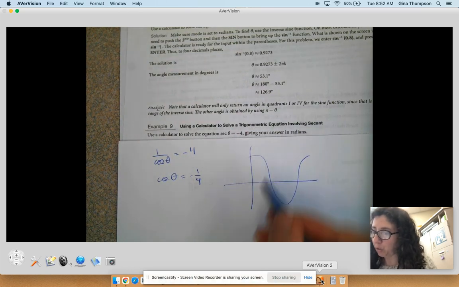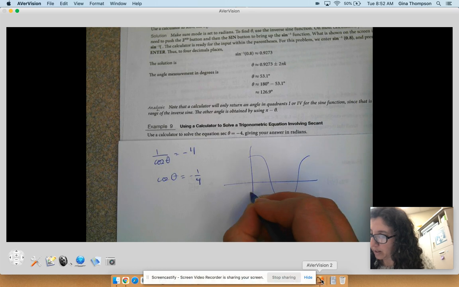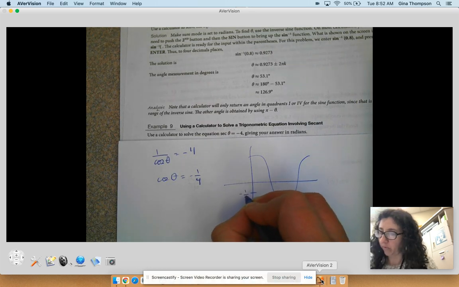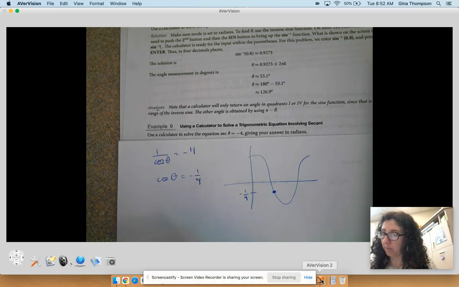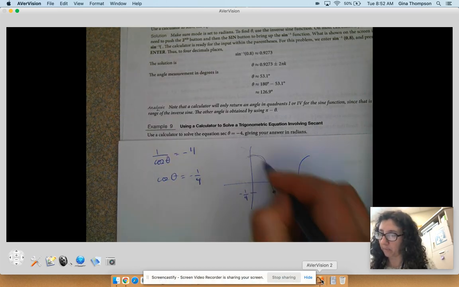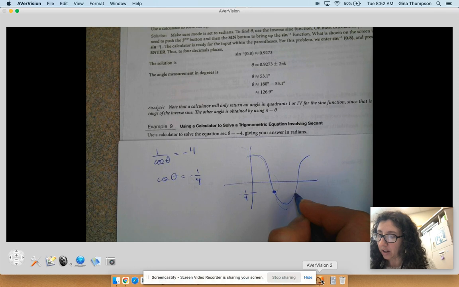So between 0 and 2 pi, -1/4 is like down here. So that's going to give me that solution, right? Because here's my restricted domain. Now I have to find this solution.